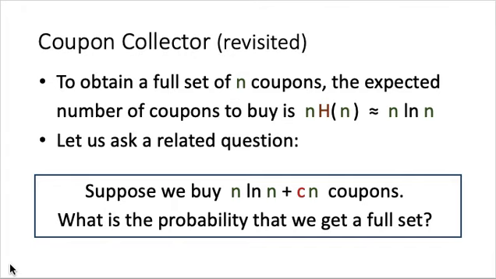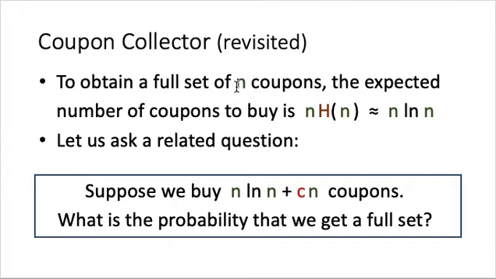Okay, let us look at our second example. This time, we want to revisit the coupon collector's problem. So let us recall a little bit about this problem. We have n different types of coupons, and each time we draw, we get one random coupon.